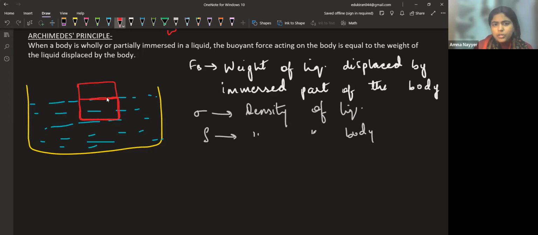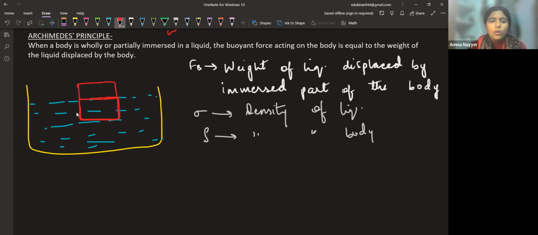Only this small portion is present within the water. The rest of the body is above it. So the amount of water that is being displaced by the body is actually the buoyant force, right? If the body is completely or partially immersed, however it is immersed, how will the body go inside the liquid? The liquid will shift and the body will come down.